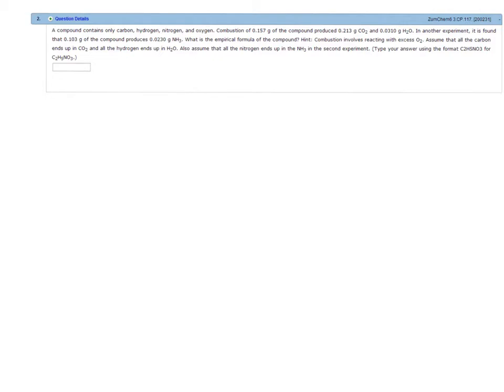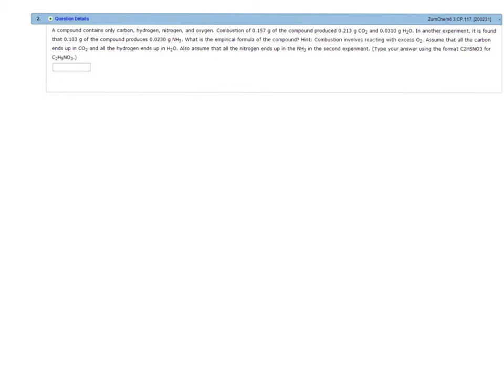And then they say in another experiment, it is found that 0.103 grams of the unknown produces a certain mass of NH3. We're going to use that second experiment to find the mass of nitrogen. In the first combustion reaction, we'll use it to find the mass of carbon and of hydrogen.